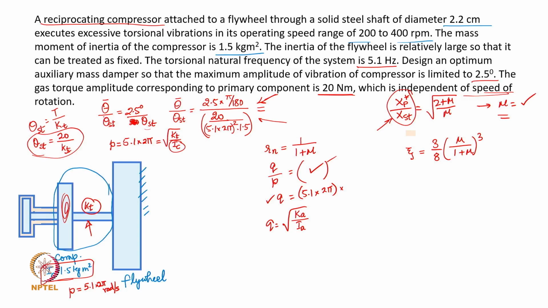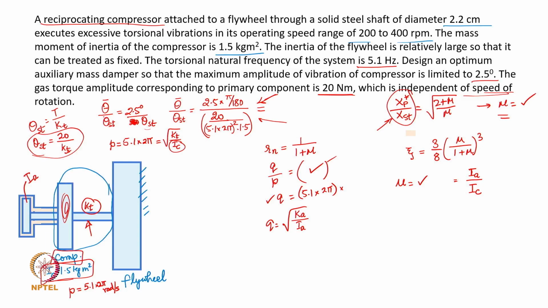What will you use now? Anything else? You have already estimated the value of mu, right? Which is Ia over Ic. So this is your absorber inertia, and this is the inertia of the compressor.